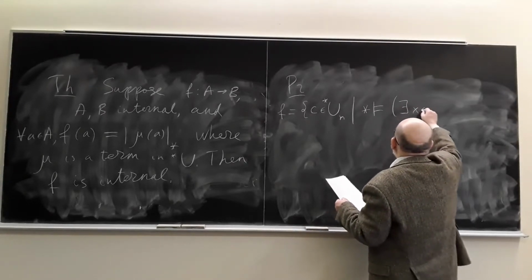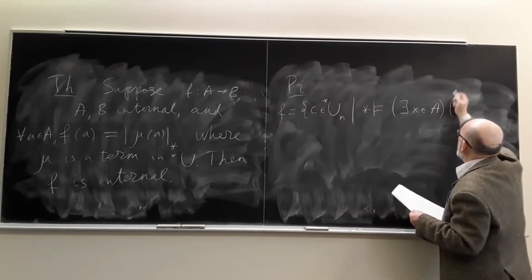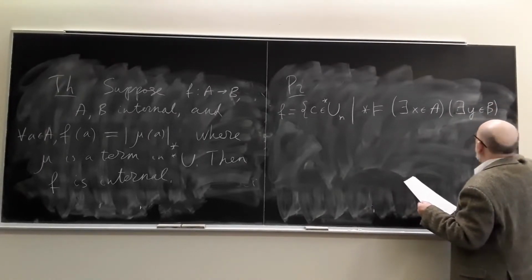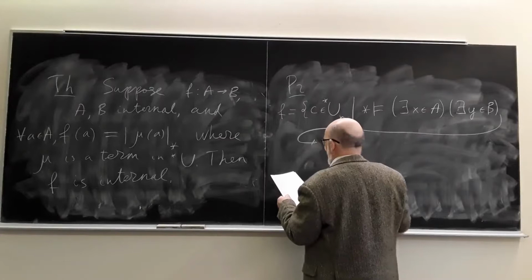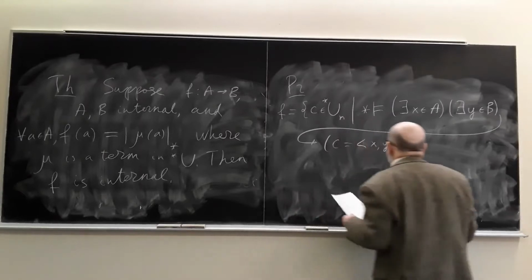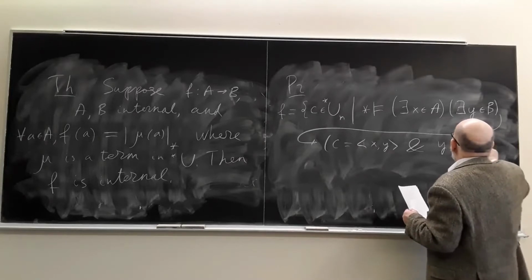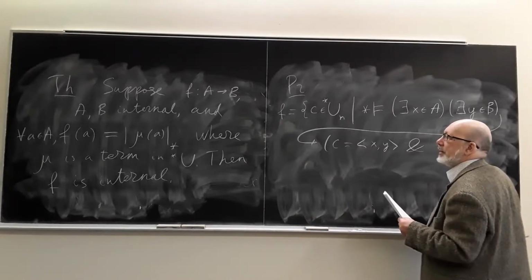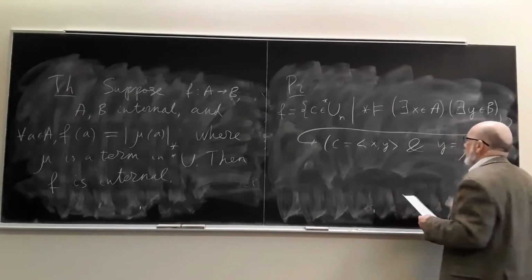There exists X in A, there exists Y in B, C equals pair XY, and Y equals mu of X. Simply so.